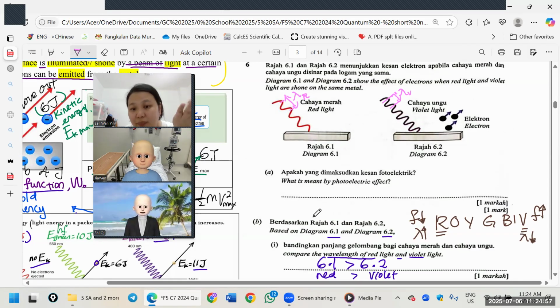The wavelength of red light is greater than the wavelength of violet light. Really, you can use your ruler to measure. And please remember, if you find the heights are almost the same, measure. Really, measure with your ruler. It helps.